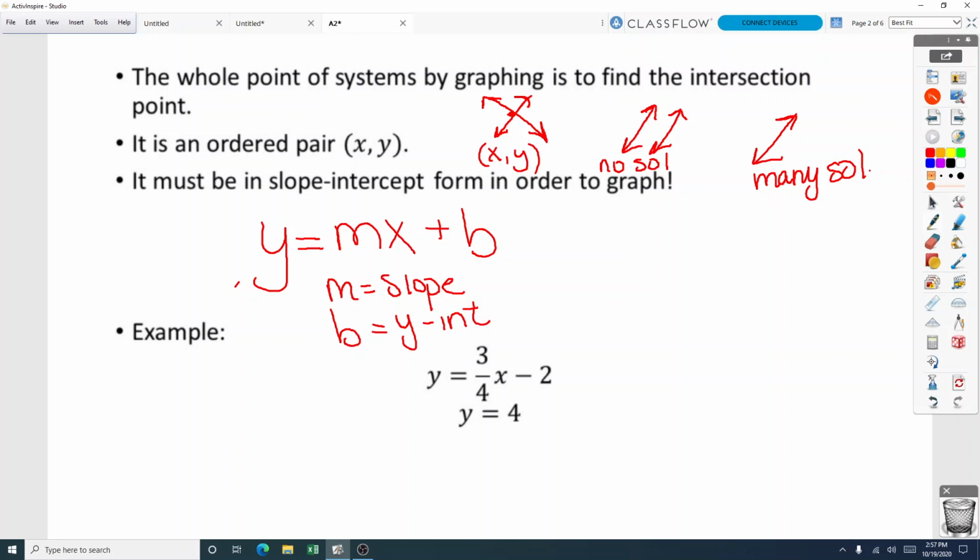If they're not in slope-intercept form, I have to rewrite them. These down here are in slope-intercept form, so I could graph those. We're just going to do two or three examples where we graph these and determine what our solutions are. It's not crazy difficult, but we are going to look at a few examples.